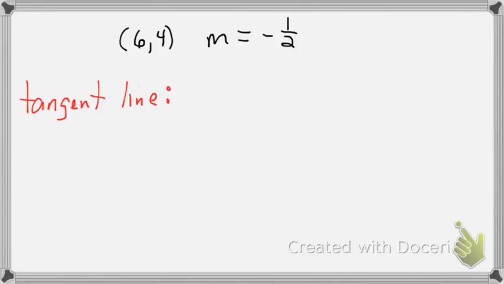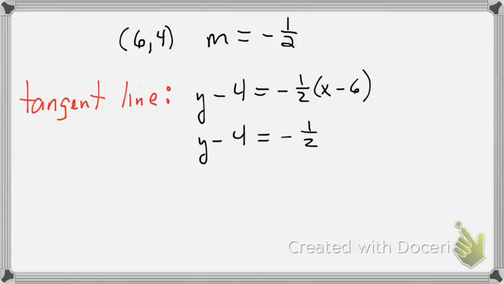And so for the tangent line, that would be y minus 4 equals negative half times x minus 6. You guys agree? y minus 4 equals negative half x plus 3. So y equals negative half x plus 7.